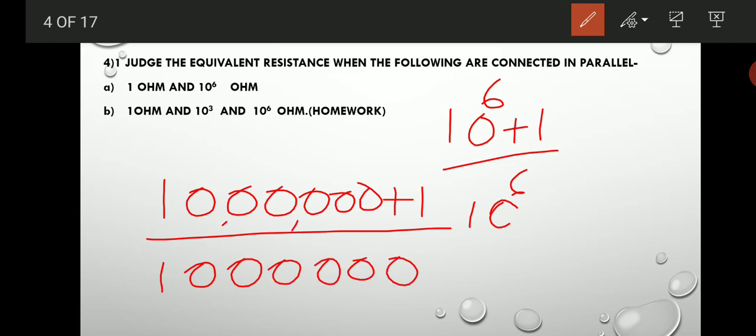So it is 10 lakh. In the numerator we'll get 10 lakh and 1, but in the denominator only 10 lakh. So when you divide this, you will get 0.99 fraction.